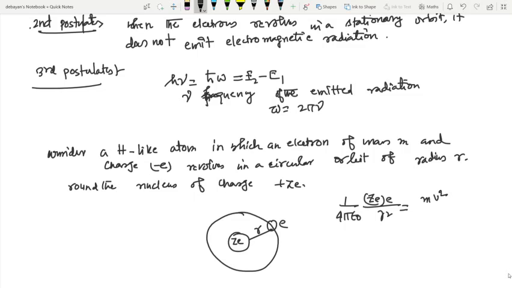From that we get the value of v square as 1 by 4 pi epsilon naught, Ze square by mr. This is equation 1, and this is the value of v square.